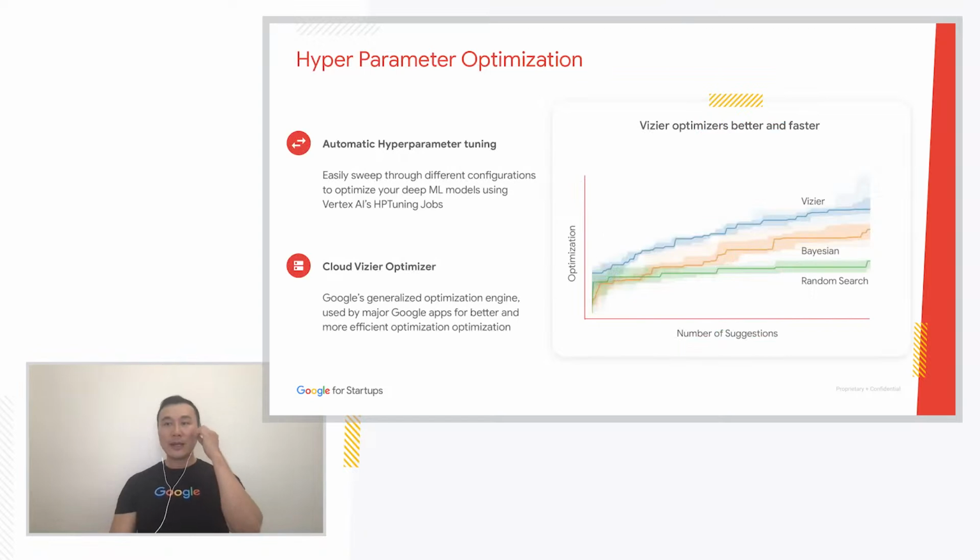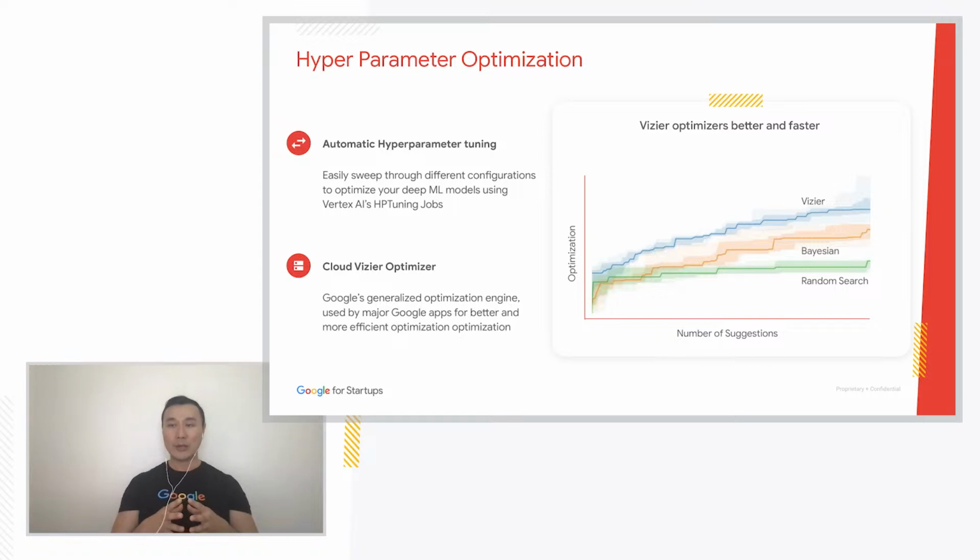And one of the things I already mentioned is hyperparameter optimization, or HPO, or hyperparameter tuning. There is built-in hyperparameter tuning for AutoML, but you can also leverage it out of the box as a feature with your custom training. A lot of things are already built in: random search, and Vizier is the actual HPO technique that we use.